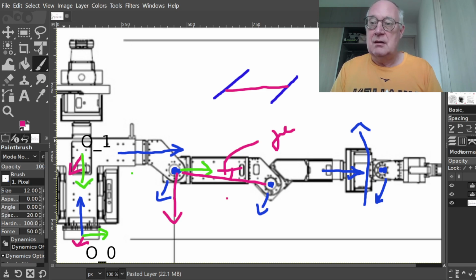So then A3 is going to be the hypotenuse of delta x multiplied by pixel to millimeter, and delta y multiplied by pixel to millimeter.